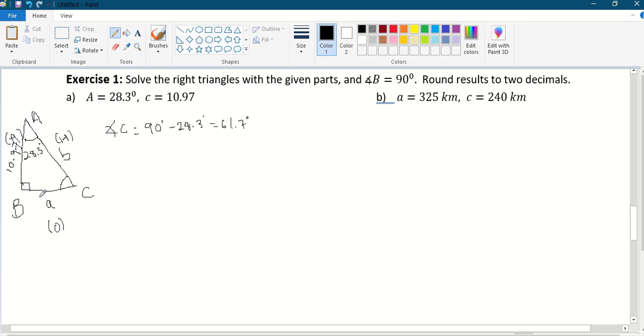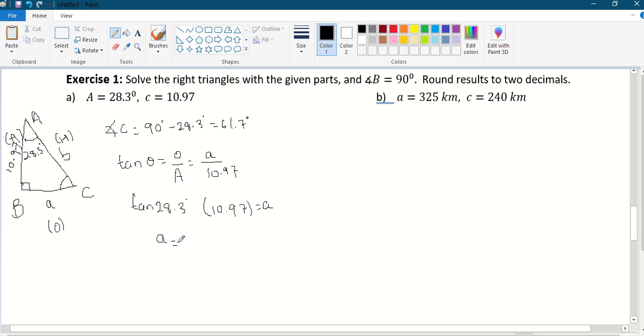Because I want to solve for O and I am given A, between sin theta, cos theta and tan theta, tan theta is the one which will connect O and A. We know tan theta equals O over A, opposite over adjacent. So in our case it will be a over 10.97. So we can say then that tan 28.3 degrees multiplied by 10.97 will be a.